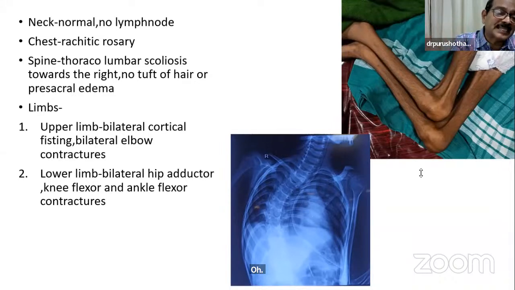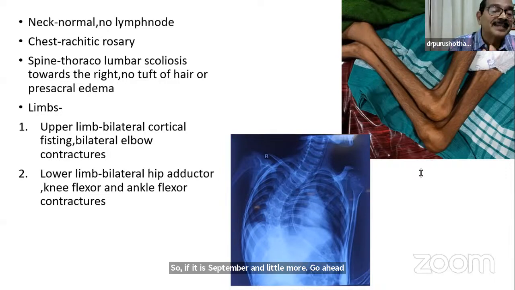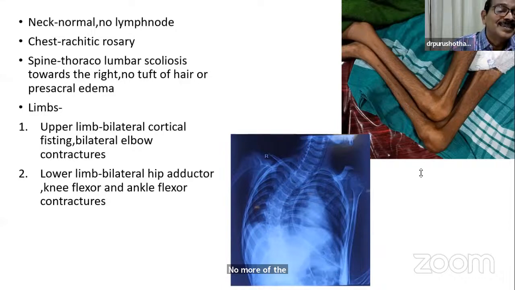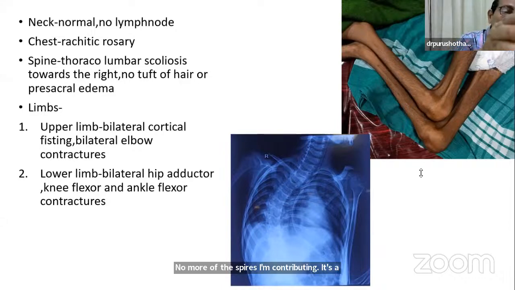So if it is stretchable a little more, these are the two components. If R1 and R2 are the same, it means it's a fixed contracture. No more spasm contributing, a deformity has occurred. So it just stopped with that. There is no more stretching possible.